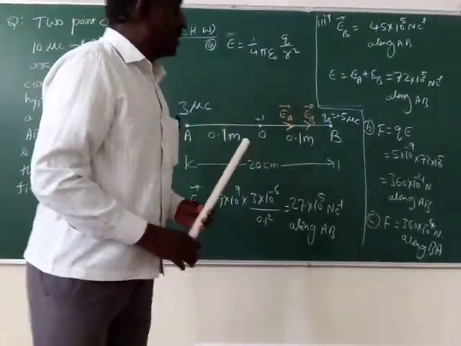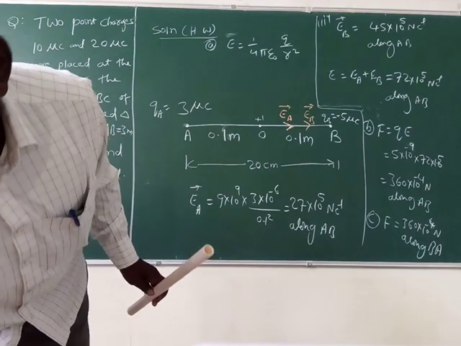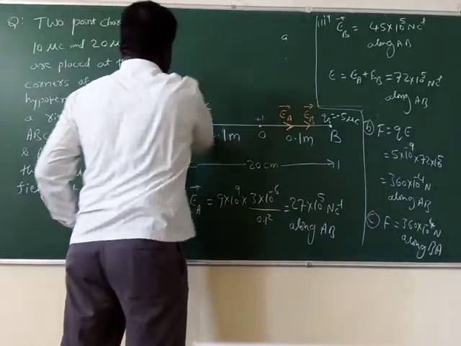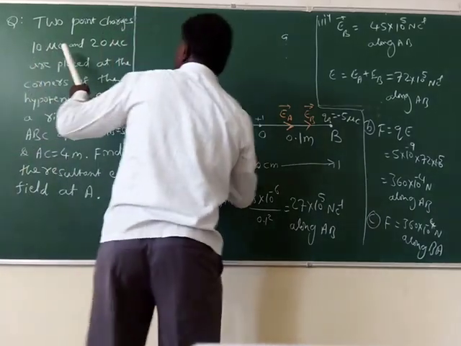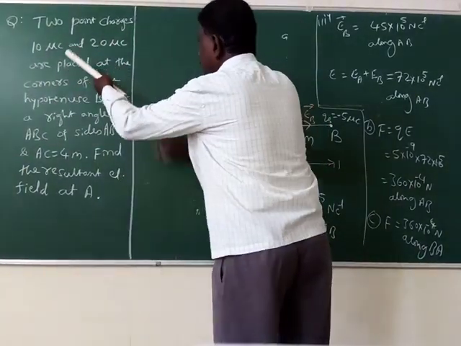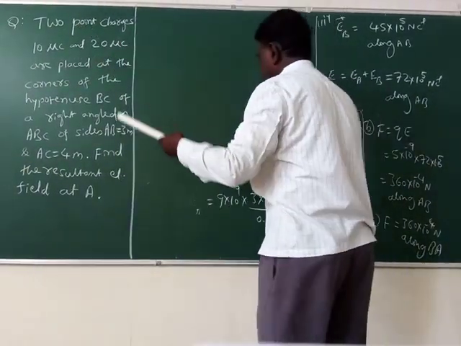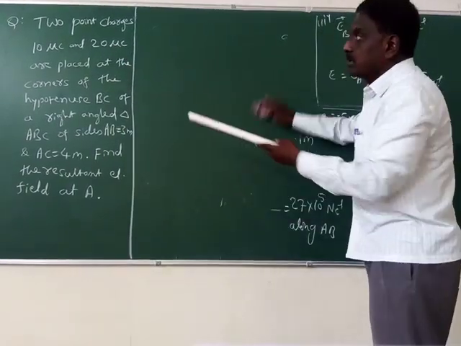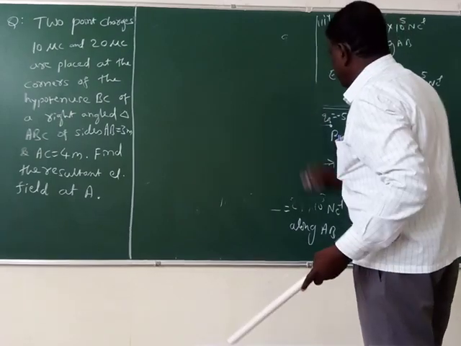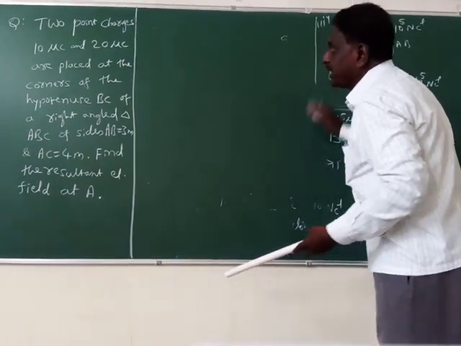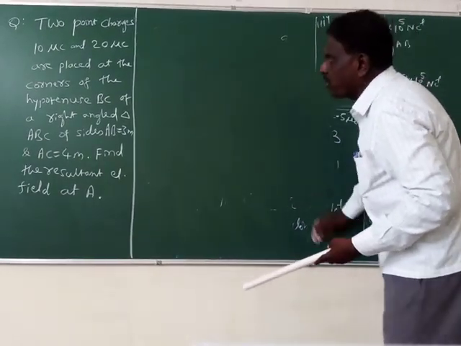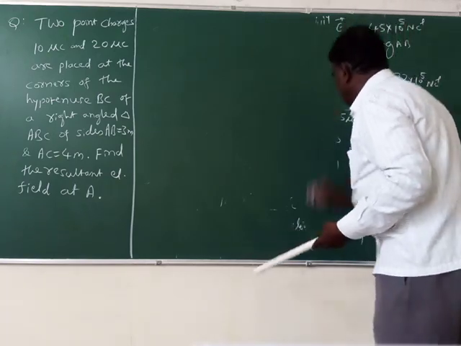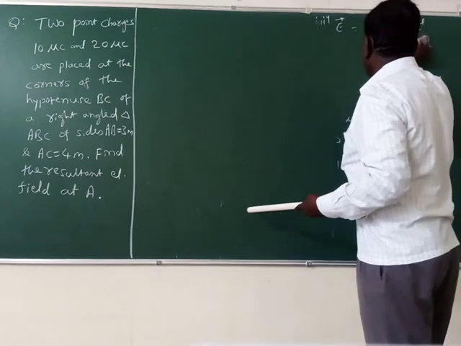Now, another problem. Read it. 2 point charges, 10 μC and 20 μC, are placed at the corners of the hypotenuse BC of the right angle triangle ABC.